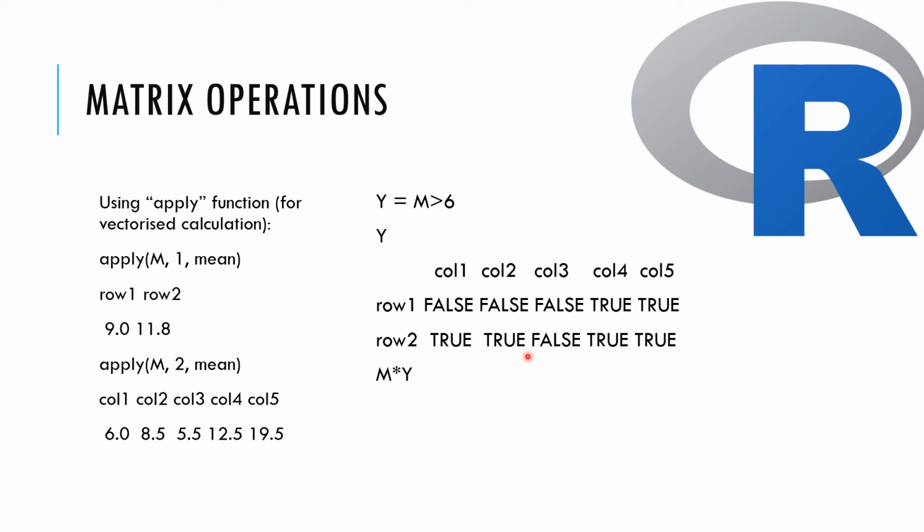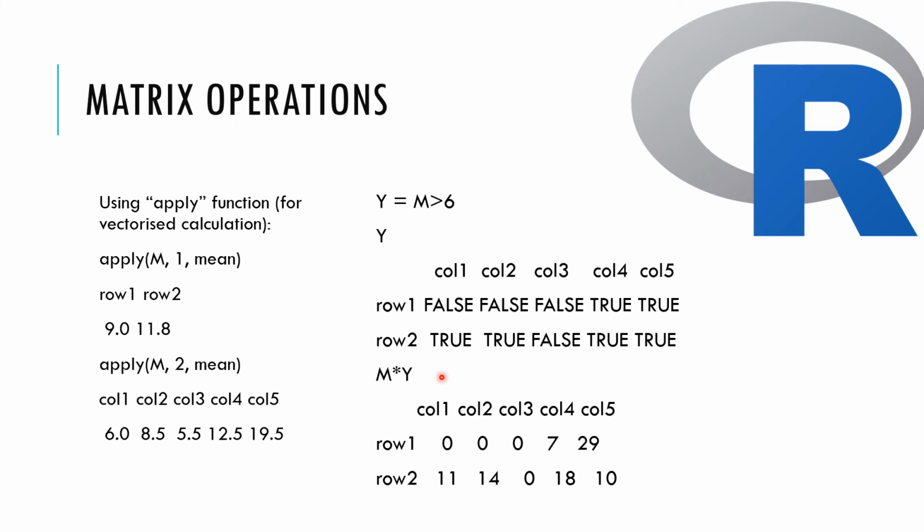Now there is another technique in R. You can multiply that matrix with this y, and it will give you a result something like this. All the falses are 0 and all the trues are 1. So it does the element wise multiplication. Whenever you use the asterisk, or star, it means element wise multiplication in a matrix.